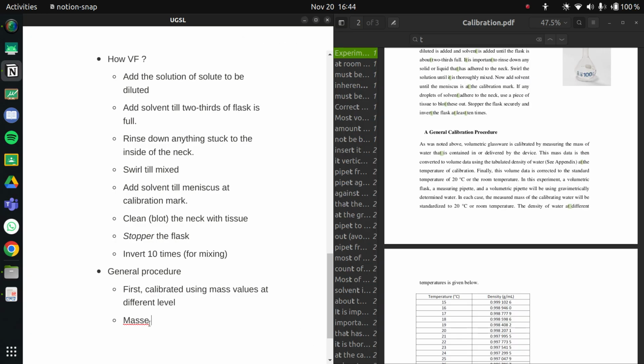Mass is converted to volume, for the temperature of the experiment, using density of water.